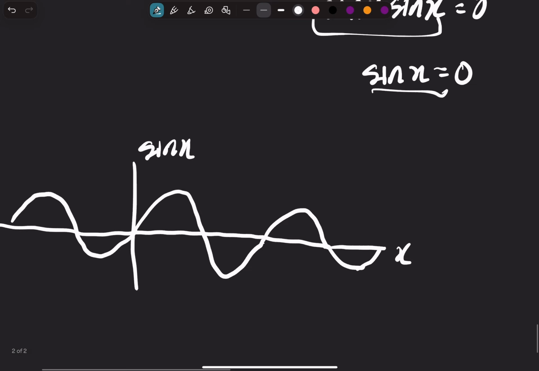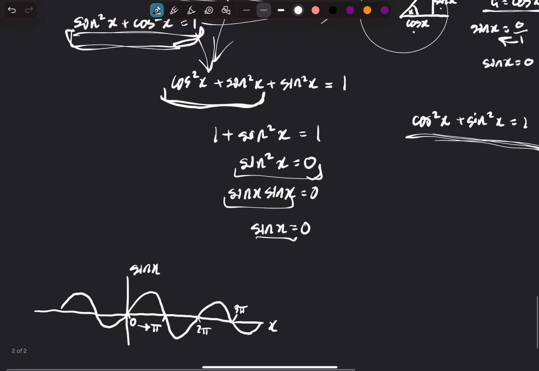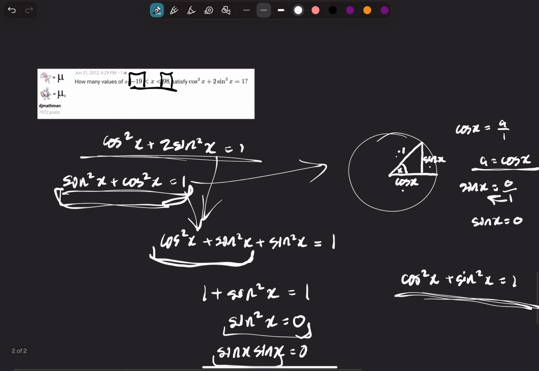If you know your trigonometric graphs, then you know that sine of x hits 0 every pi radians. So this is 0 radians, then it goes to pi radians, and this is 2 pi radians, or 360 degrees. This is 3 pi, and it goes on and on. Essentially, we're just looking for all of those values which are lower than 98 and greater than negative 19.